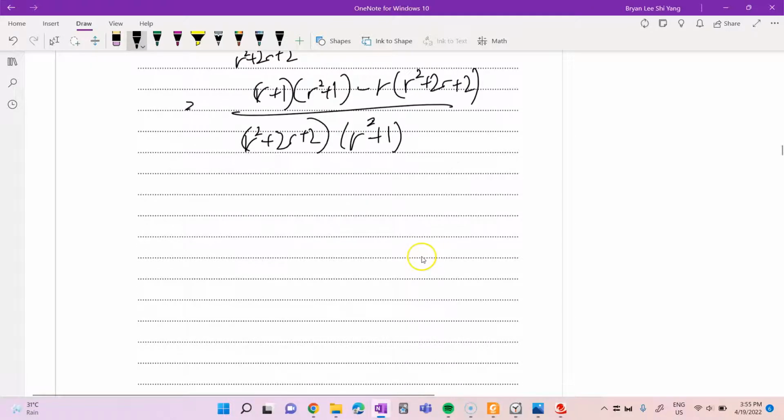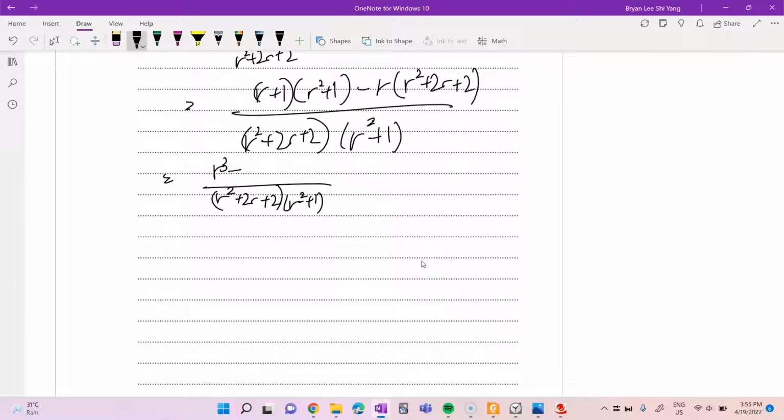Now, I'm running out of space. Okay. R squared plus 2r plus 2, r squared plus 1. So what I get here would be r cubed plus r squared plus r plus 1, minus r cubed, minus 2r squared minus 2r.